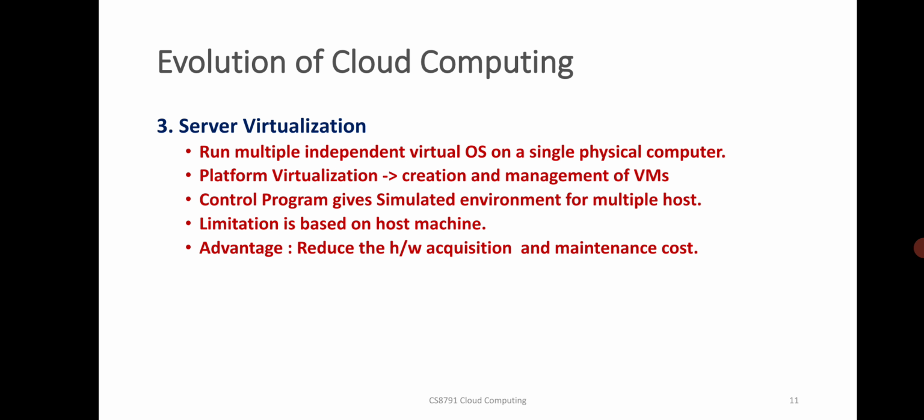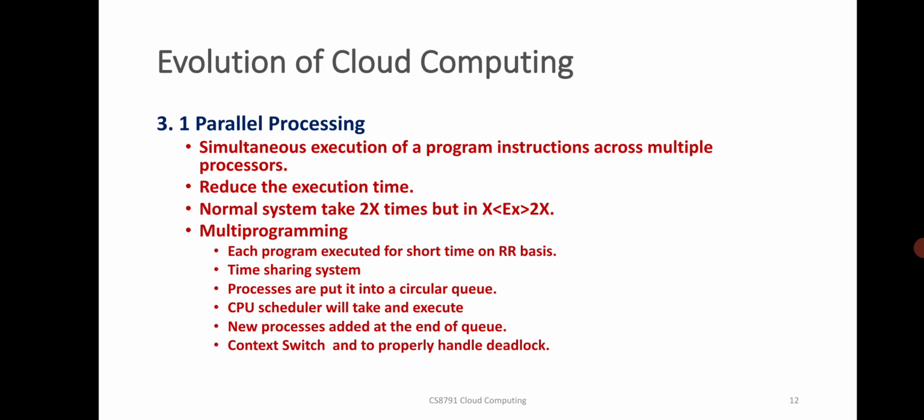The advantage of server virtualization is reduce the hardware acquisition and maintenance cost. Parallel processing, simultaneous execution of a program instruction across multiple processors is called parallel processing. It reduces the execution time. Normal time takes 2x times, but it reduces the execution time.